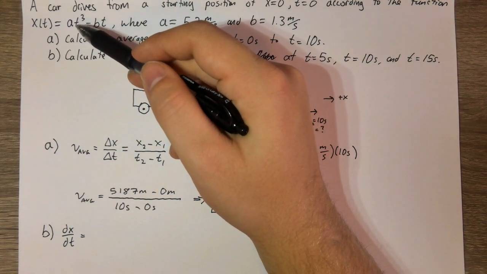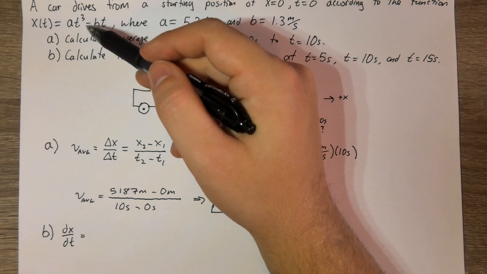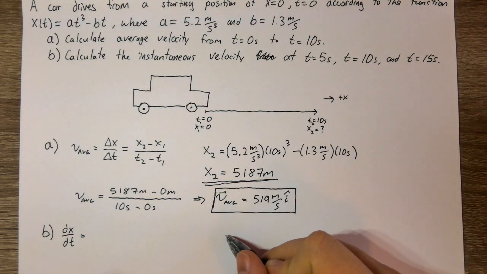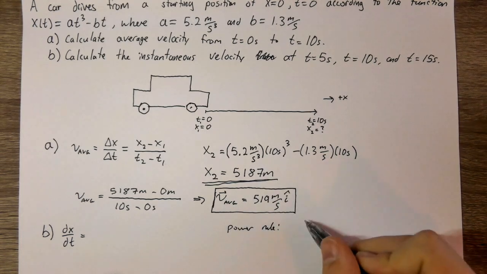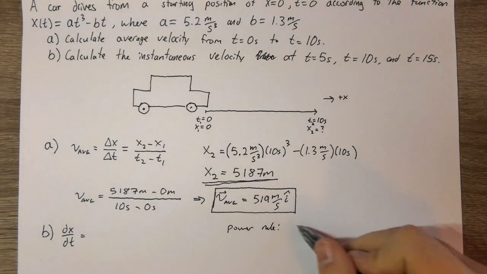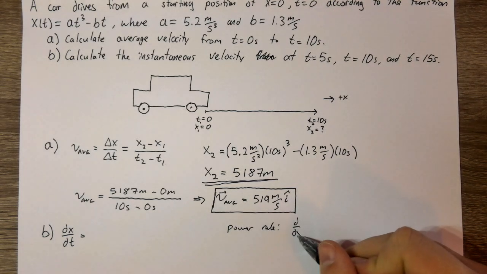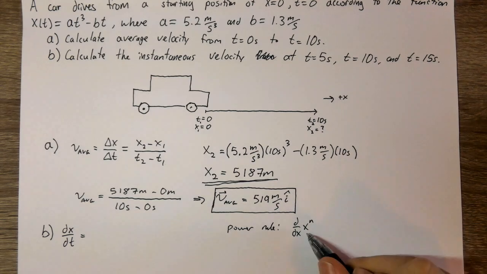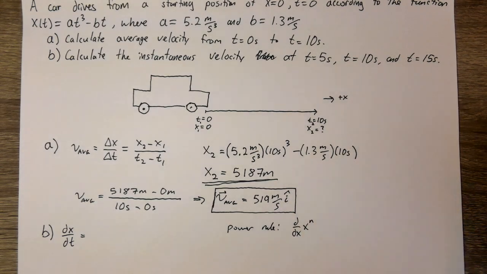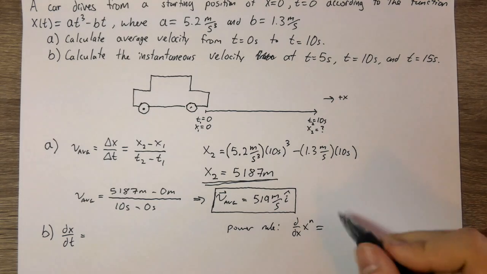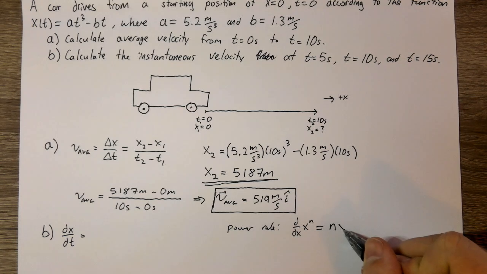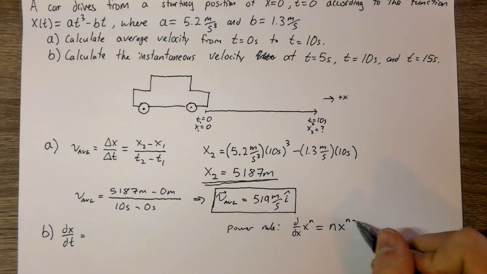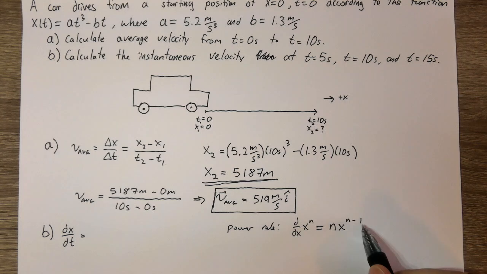Well, we have just terms with powers, and so we can use our power rule, which says that if you're taking the derivative of a term with a power n, then that derivative is equal to the exponent n times your variable with the n minus 1 power.